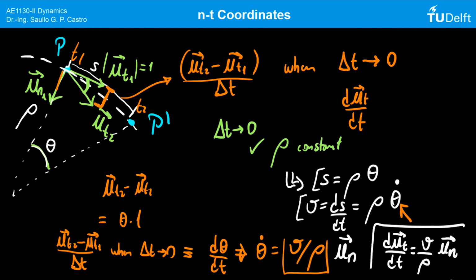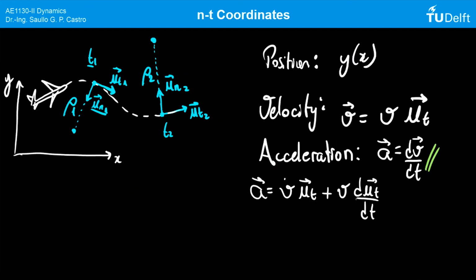Now let's replace this into the equation for the acceleration. So we had previously found this equation for the acceleration, and now we just found out the value for dut dt, which is equal to v over ρ, which is the radius of curvature, multiplying the normal direction.